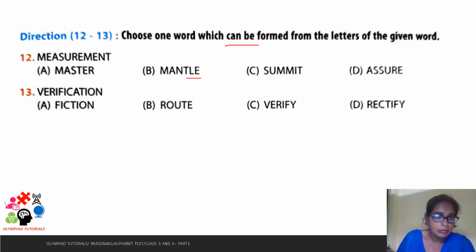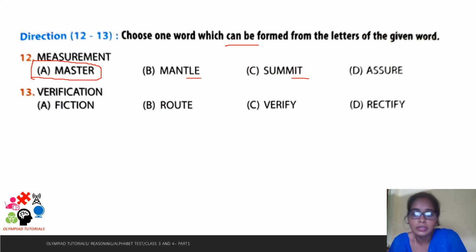Again, in the word summit, I is present, which is absent in the word measurement. In assure, you have a double S, which is missing in the word measurement. You have a single S here. So the word master you can make perfectly from the word measurement, because all the alphabets are present in it. So the correct option is going to be master.